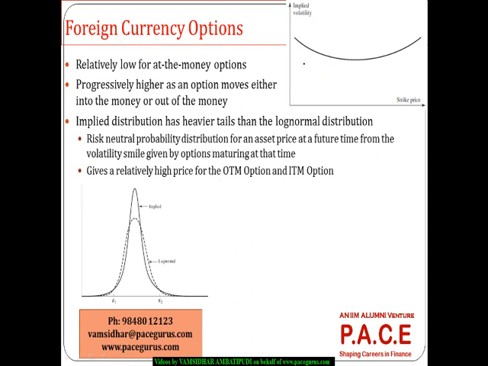Here it is saying that for lower ITMs and OTMs the volatilities are higher. Higher volatilities directly imply that the option premiums are going to be higher on both sides, because the chances of exercising the option become more and more as the volatility increases. So the volatility is not flat across.